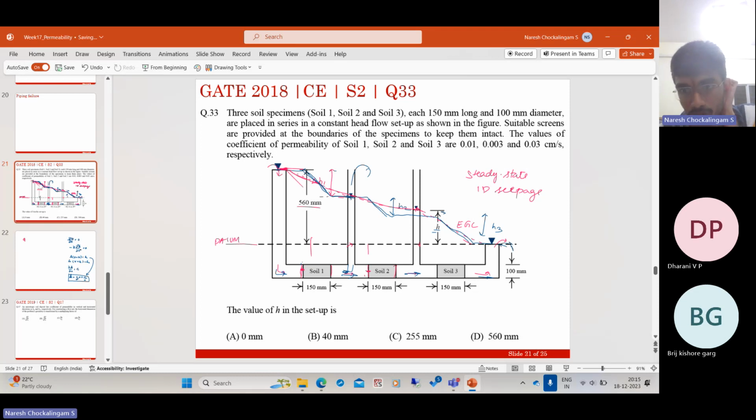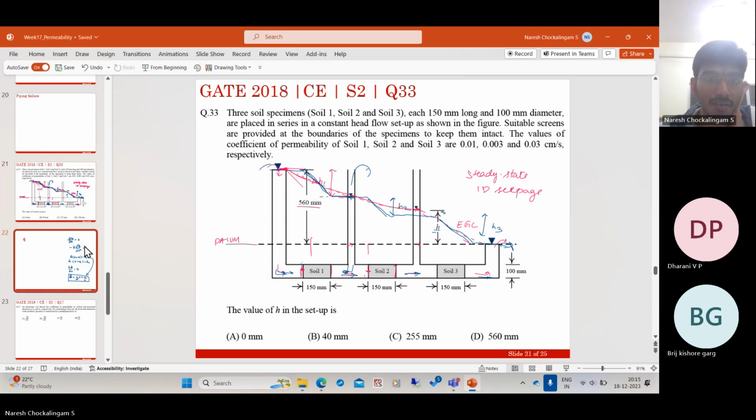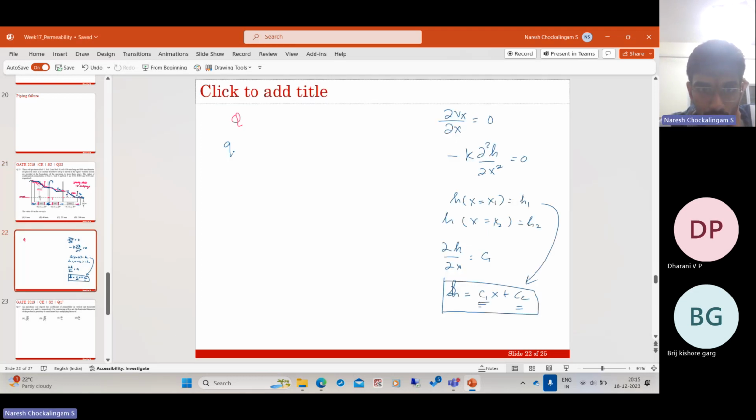But here we have a flow out. Here, head is maintained and there is a constant flow. And whatever flow enters here, it has to go out. So Q is equal to, use Darcy's law, K1 times the discharge velocity. Discharge velocity is the first part. So it is K1 times I1.